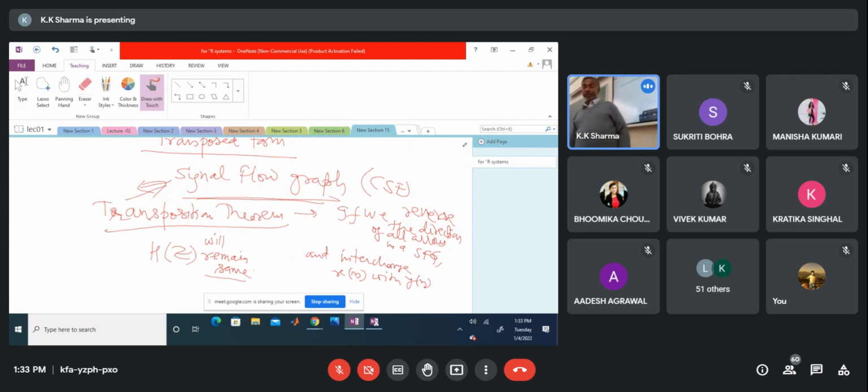Let me again repeat it. In fact, this transposition theorem can be applied for any structure which we have discussed so far. This is a very general theorem.